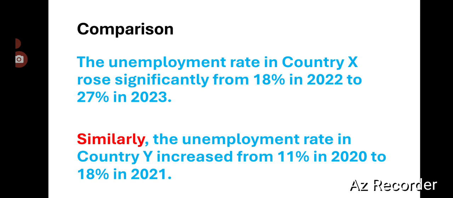Similarly, the unemployment rate in country Y increased from 11% in 2020 to 18% in 2021. So you can see there's comparison. The first description has been compared to the second description, but the adverb similarly has been used to show that they are the same. And that is where you can make such comparisons. That's what the examiner expects you to do when it comes to task achievement.